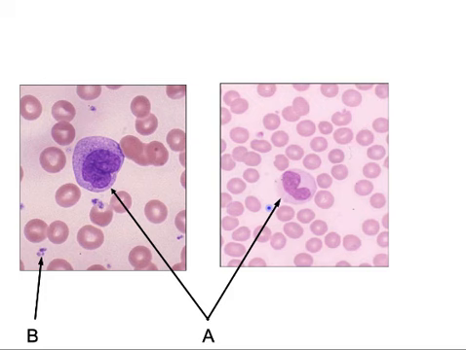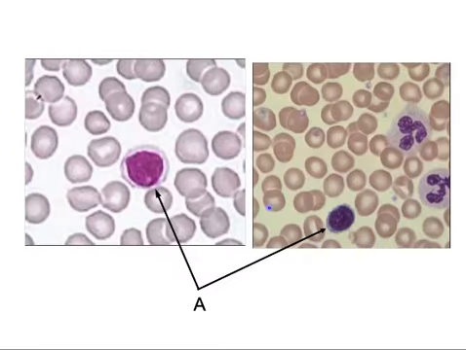So the kind of cells we would create that would attack based on recognizing these antigens would be B cells and T cells. This is a lymphocyte, and lymphocytes are agents of our adaptive immunity.